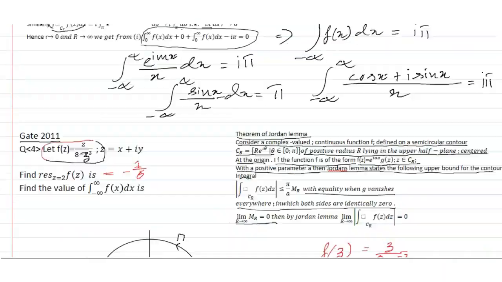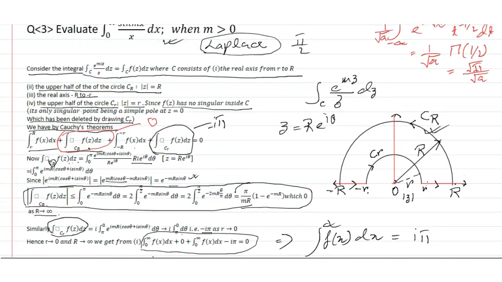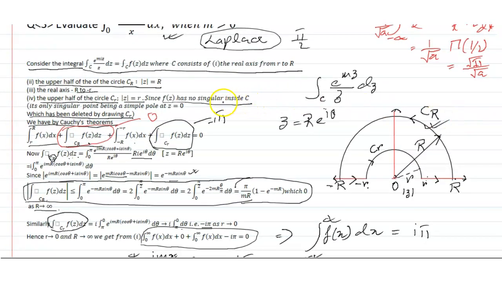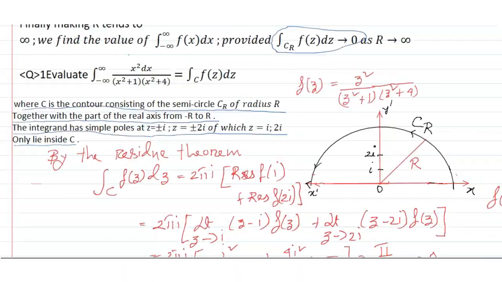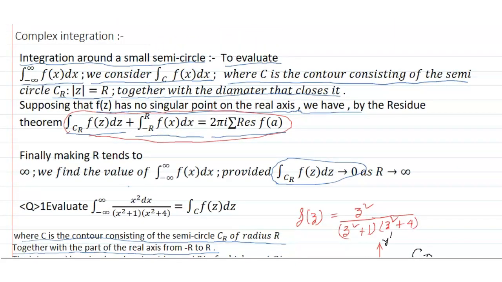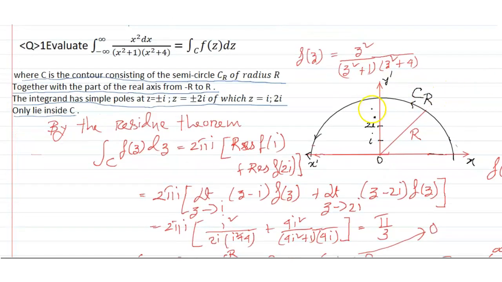In here you see that inside C there is no singular point, with a simple pole at z equals to 0, the only singular point. Like this type of problem. In the first problem you see the 2i and i, this is the singular point.